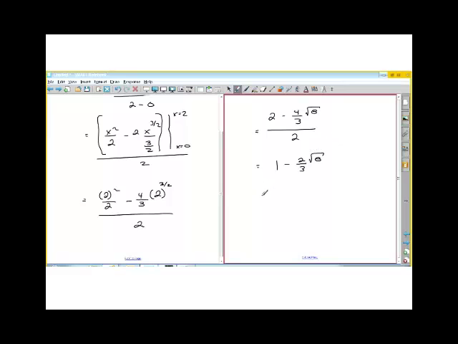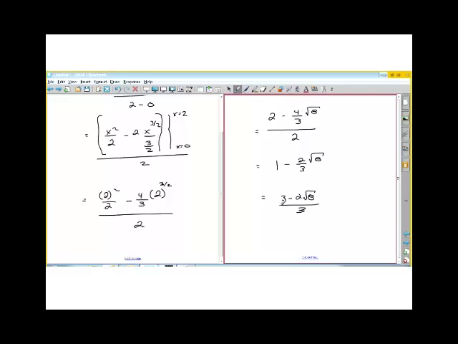And what is that equal to? Well, what you could do is find a common denominator. You have 3 minus 2 square root of 8, over 3. That's probably the best math way of doing it.